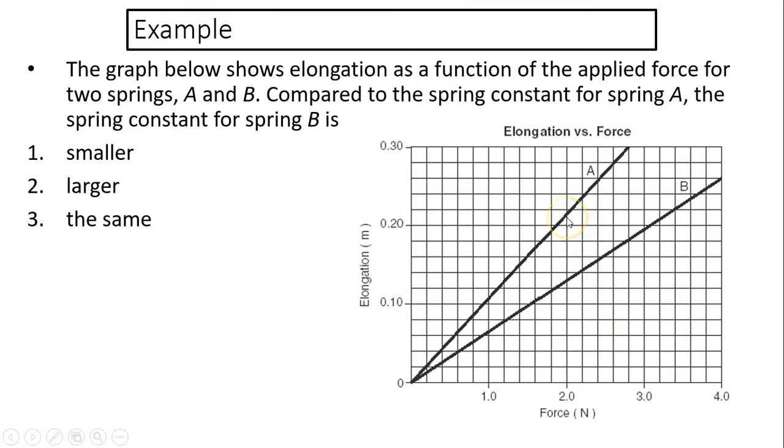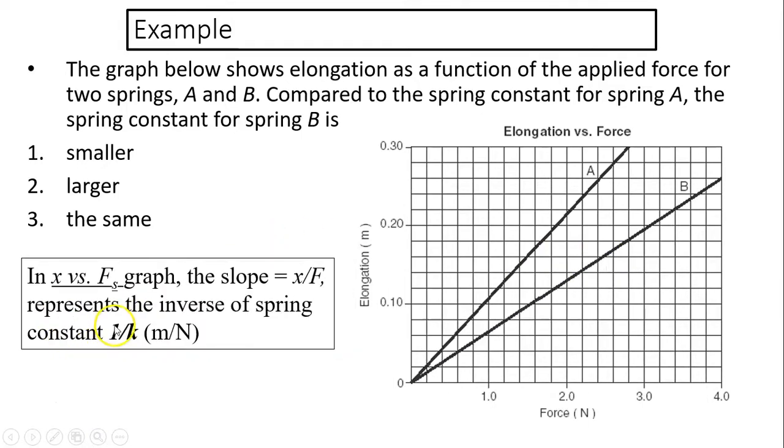Since this slope is 1 over K, the bigger the slope means the smaller the K. So compared to spring A, spring B has a smaller slope, so a bigger K. So the constant for B is larger. In an x versus F graph, slope represents 1 over K. So that means B is larger.